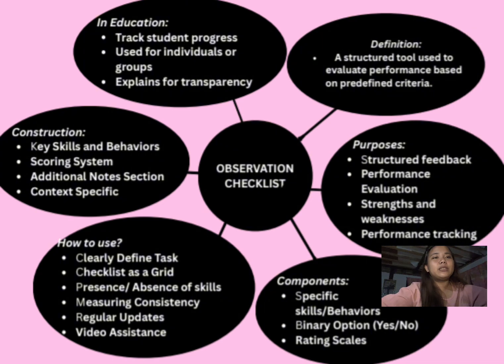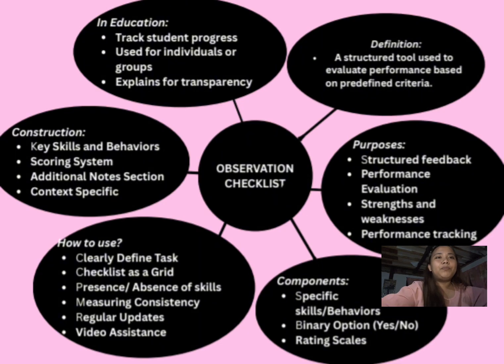The last one is performance tracking. It's about monitoring academic or performance progress over time. It helps identify trends and improvements or potential areas of concern. By tracking someone's performance across different courses or settings, you can see if they're consistently improving or if they're struggling in certain areas.